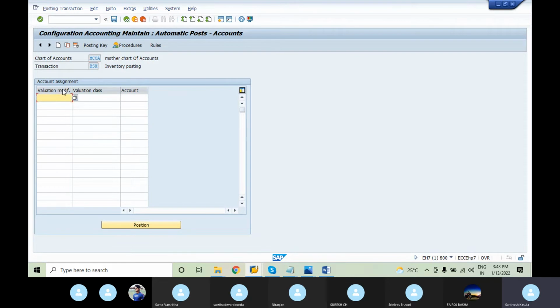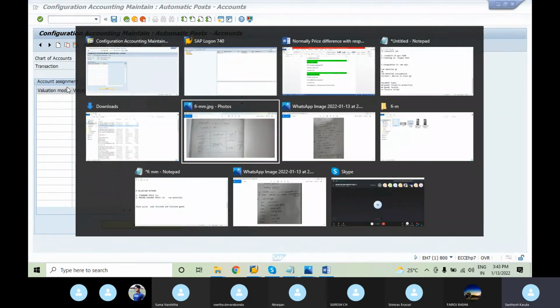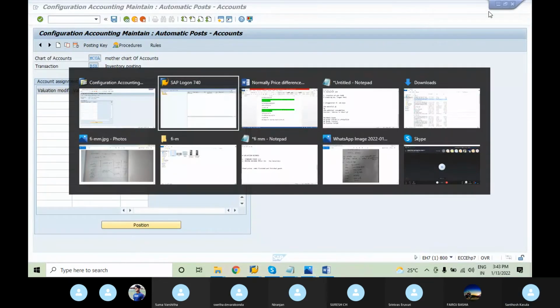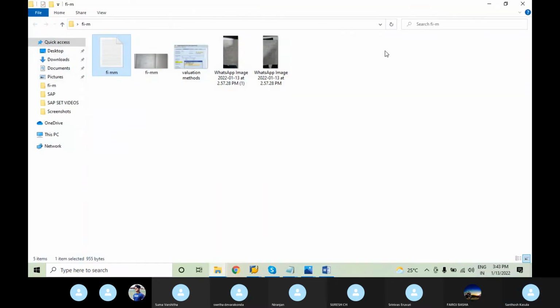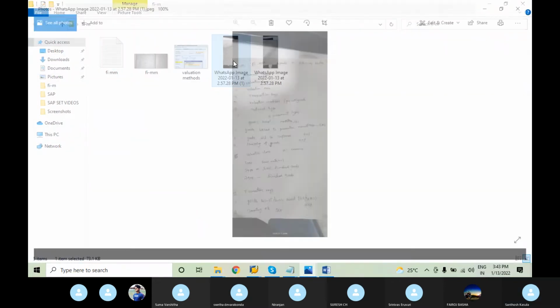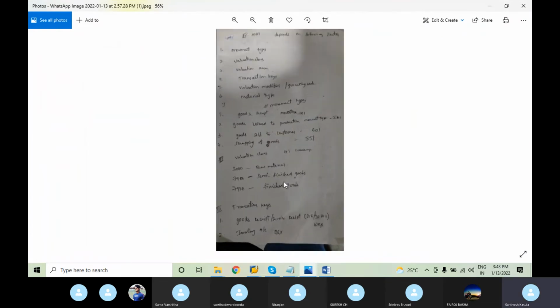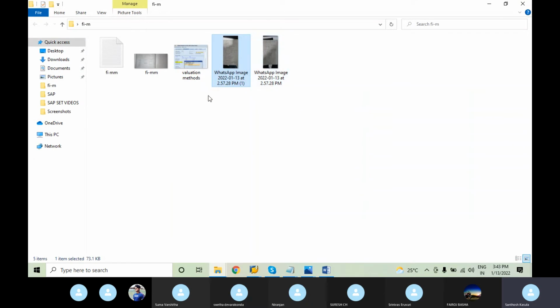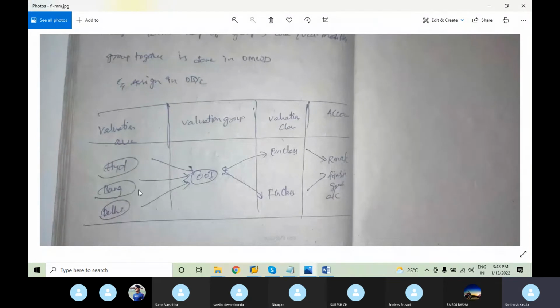So what is valuation modifier? Valuation, if you can remember. Valuation modifier is, yeah. As I told, if we have multiple plants clubbing together, we'll have valuation group or valuation modifier. Even if it is one, why do we have to create a valuation modifier?